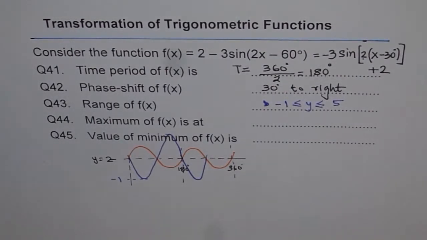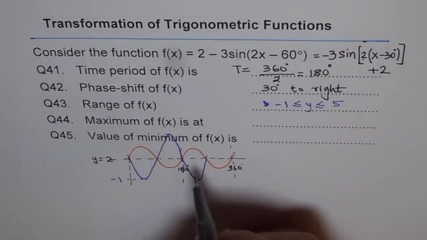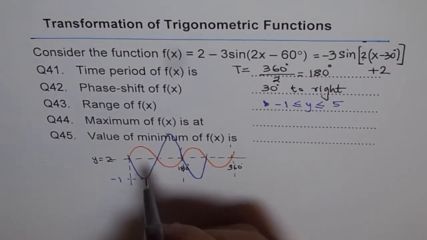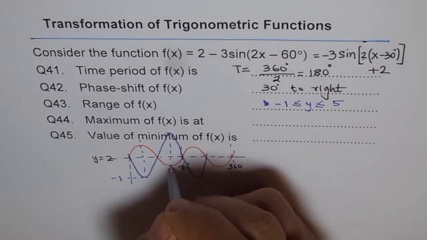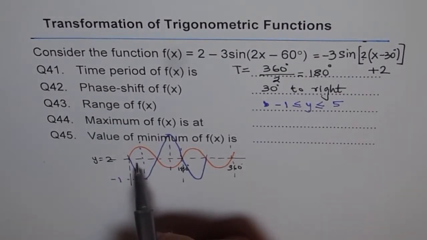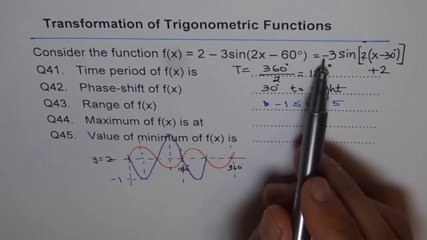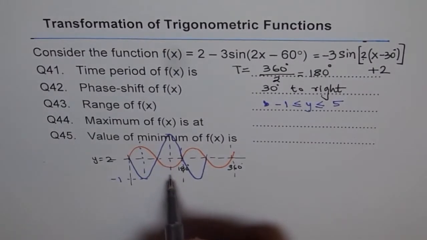Now maximum of f of x is at. The maximum is at a quarter of the cycle. Maximum and minimum occur at quarter of the cycle. As you can see from here, the maximum actually happens at the original minimum because of the minus here. So maximum occurs at 3/4 of the cycle.